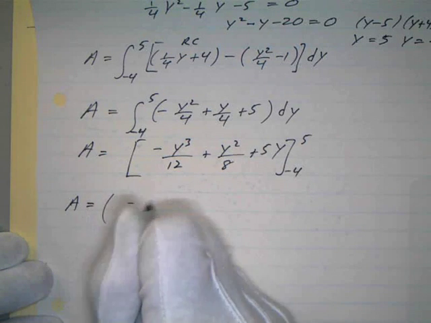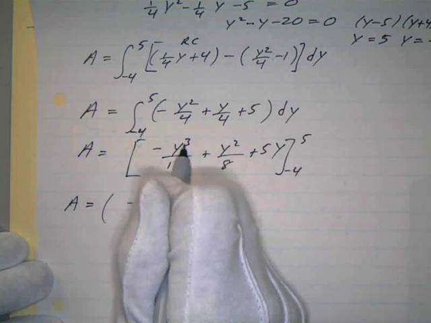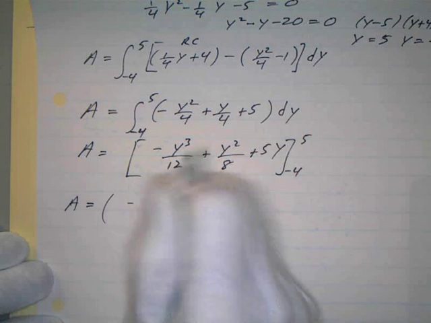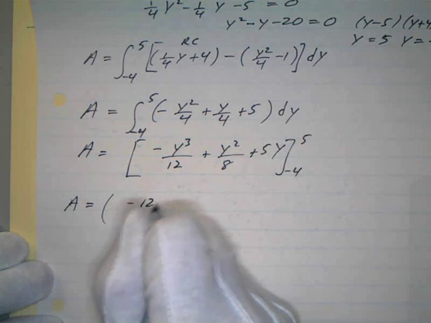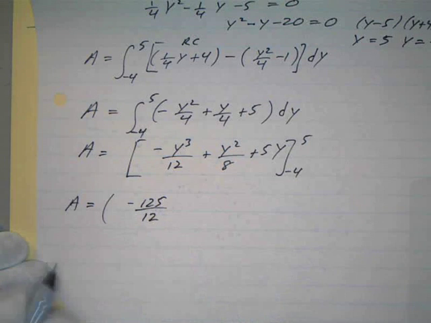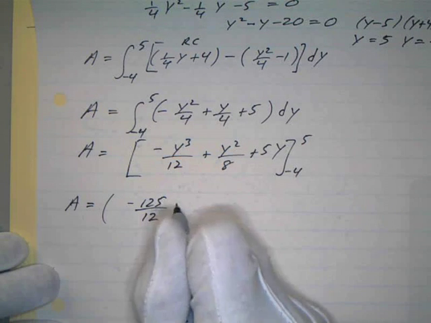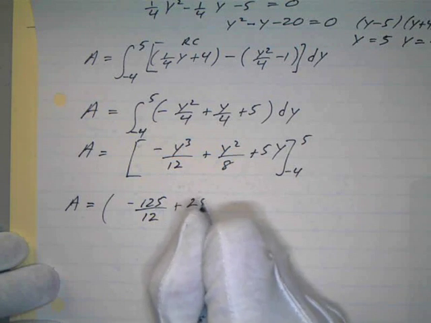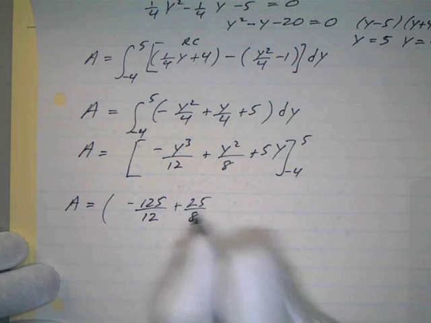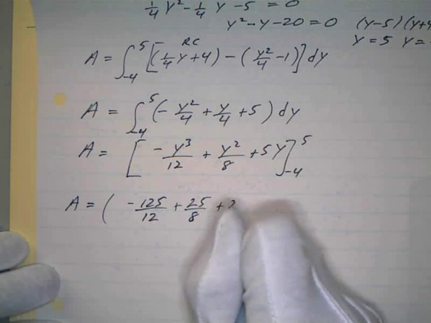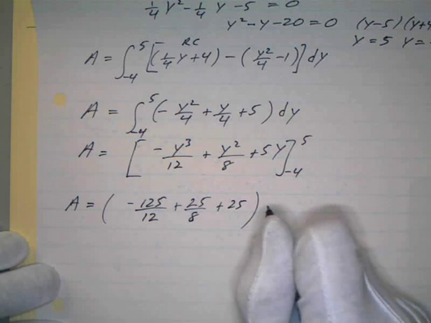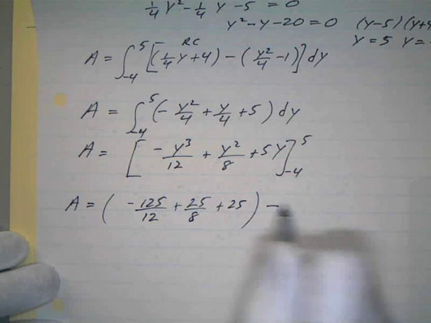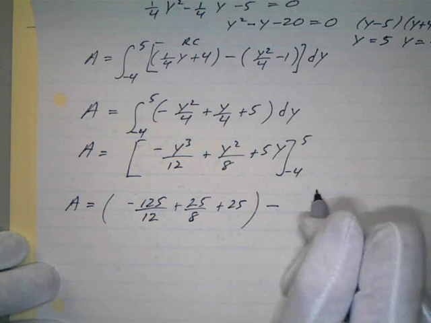You can use your calculator to work with some of your numbers. If I put 5 in here, negative 5 cubed is 125 over 12, plus 5 squared is 25 over 8, and then plus 5 times 5 is 25. Minus, remember this is our fundamental theorem of calculus, F of b minus F of a.